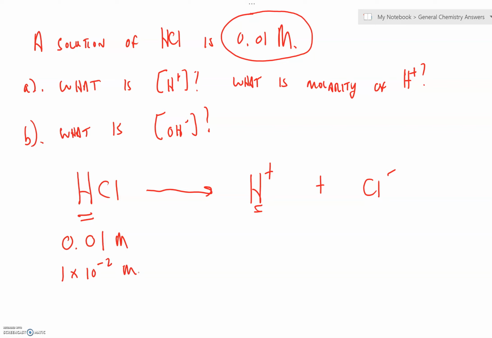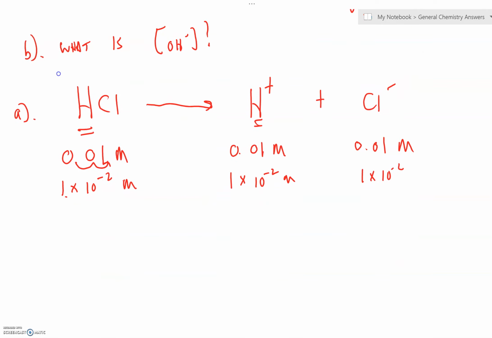What's it going to do when we put it in solution? Let's keep on working on part A here. We're going to get exactly the same concentration of H plus and Cl minus because there's one of each. You want to get fancy, you can write it in scientific notation. And you're saying, Mr. O, how did you get that into scientific notation? Just remember how many times we're moving the decimal place to get in front of the 1. Okay?